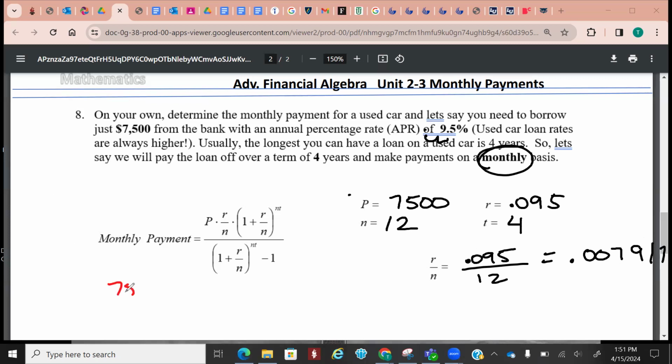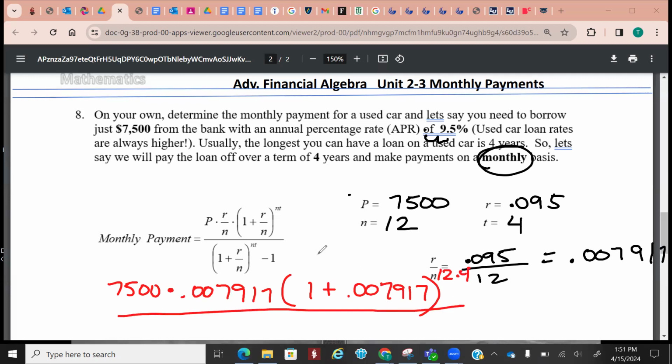Okay, now we're going to plug all of that into this formula. So we have 7,500 times 0.007917 times 1 plus 0.007917 raised to the 12 times 4, all over 1 plus 0.007917 raised to the 12 times 4, minus 1.